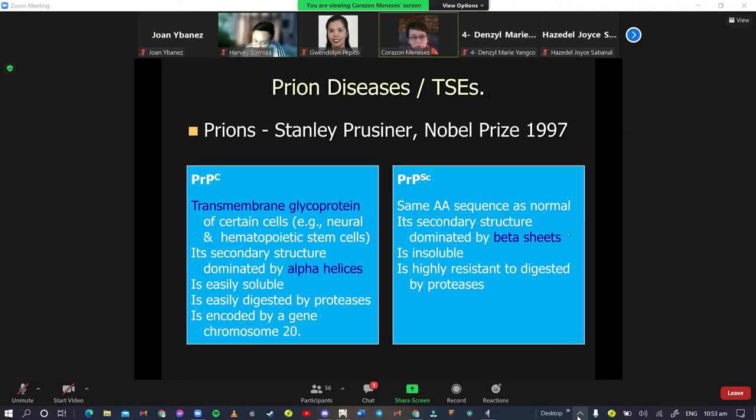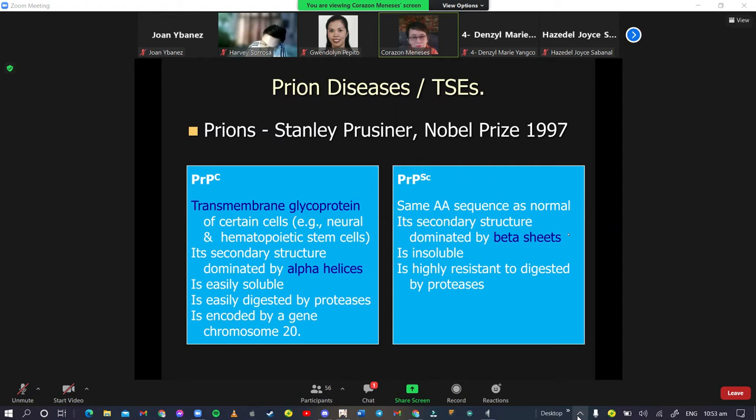Finally, Dr. Stanley Prusiner was able to determine the pathogenesis of this disorder, and he received a Nobel Prize in 1997. So there are actually two types of prion protein.